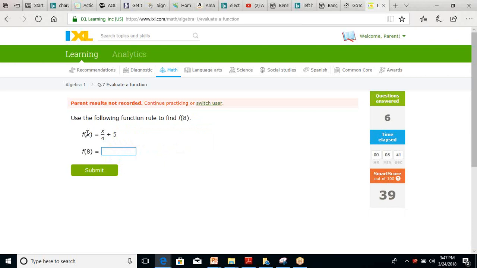If you're going to represent this as a graph, you can give x any value, and once you get 2 points, if it's a straight line, you'll get a straight line. So if x is 8, then 8 divided by 4 is 2, plus 5, that is 7.